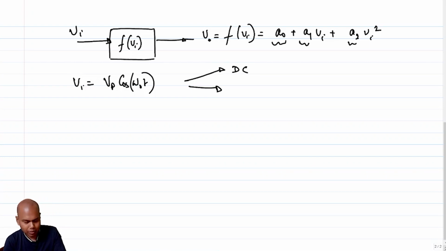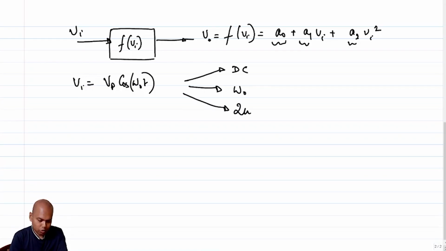which is not particularly surprising because you always end up with some biases. You have an omega naught term, which is also not surprising because if I am trying to make an LTI system, I expect the output to also have an omega naught term, but because of the nonlinearity, because of the squared term, I am ending up getting something at 2 omega naught.